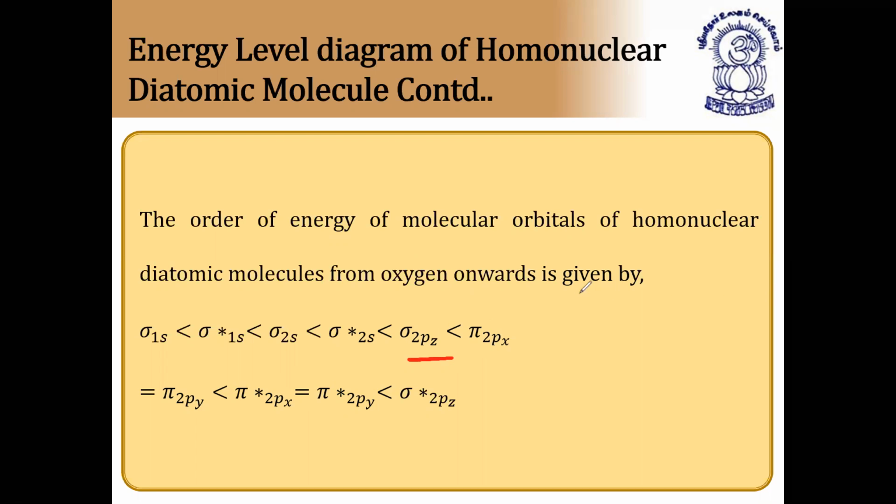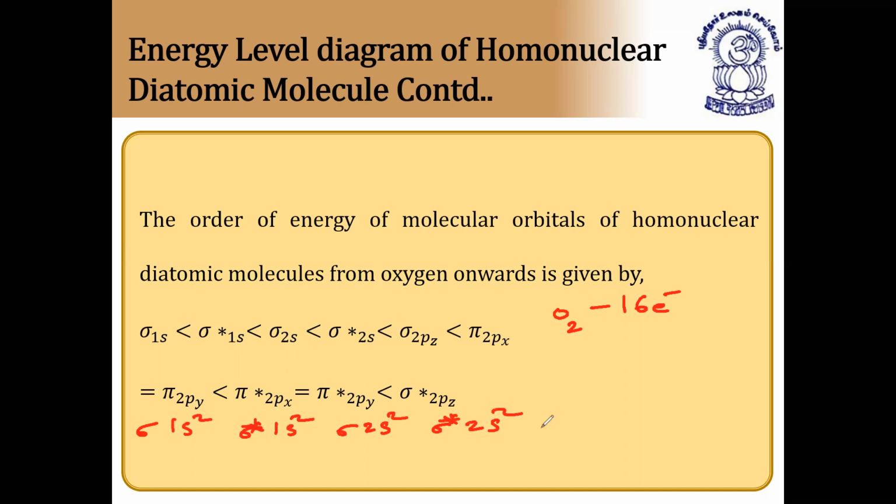So let us write the configuration for the oxygen molecule. The oxygen molecule contains how many electrons? 16 electrons, because the oxygen atom contains 8 electrons, 8 plus 8, 16. Two oxygen atoms combine to form the oxygen molecule. So the configuration is sigma 1s2, sigma star 1s2, sigma 2s2, sigma star 2s2.